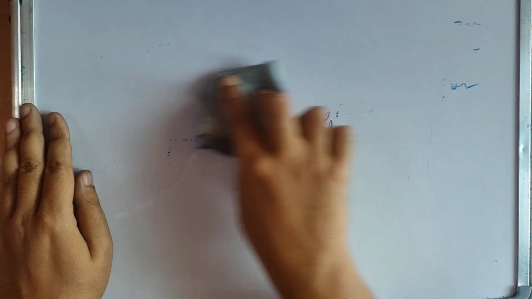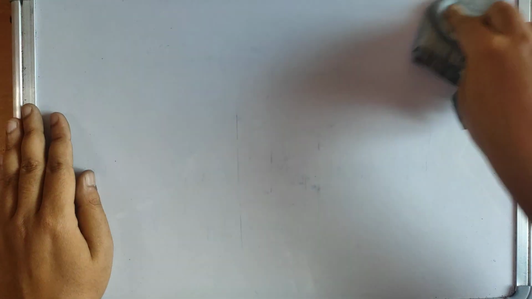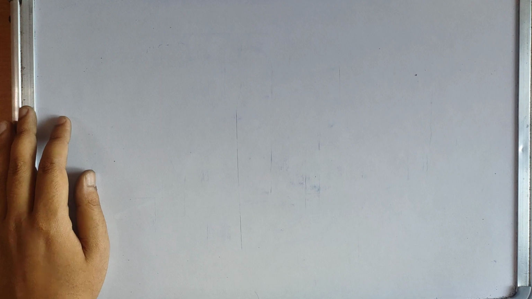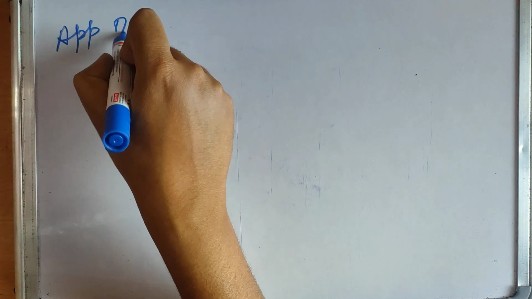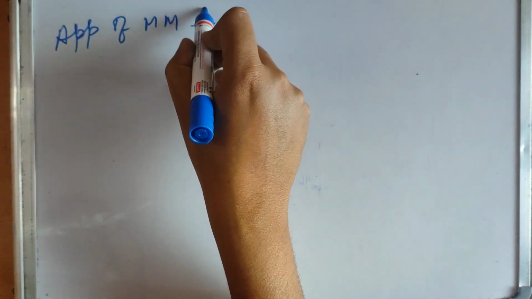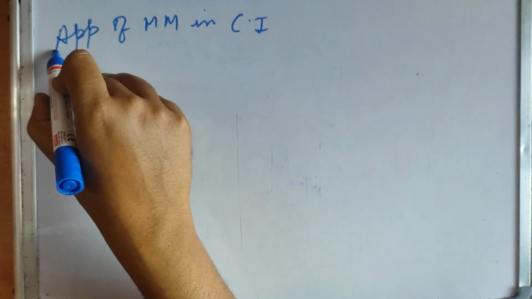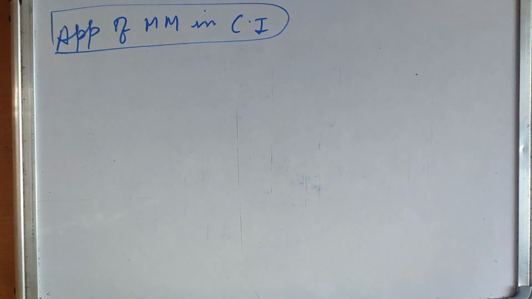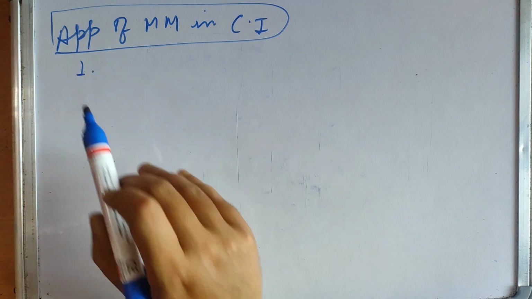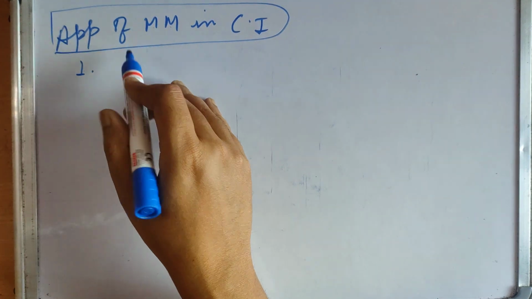Now moving on, what are the applications of molecular markers in crop improvement? How can molecular markers help us in improving crops? First of all, confirmation of hybridity.